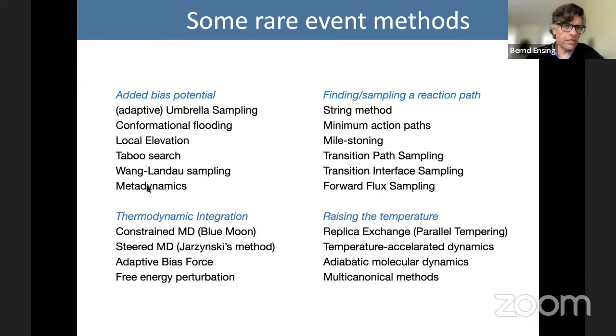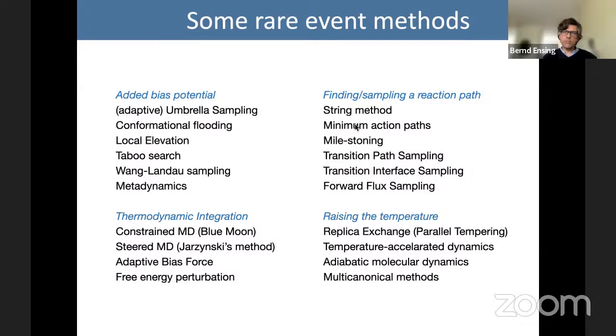And these are all methods that are related to that. For example, metadynamics. I'll be talking a lot about metadynamics, of course, where you just bias adaptively. So path metadynamics combines actually ideas from the top two, right? So we'll define a path.